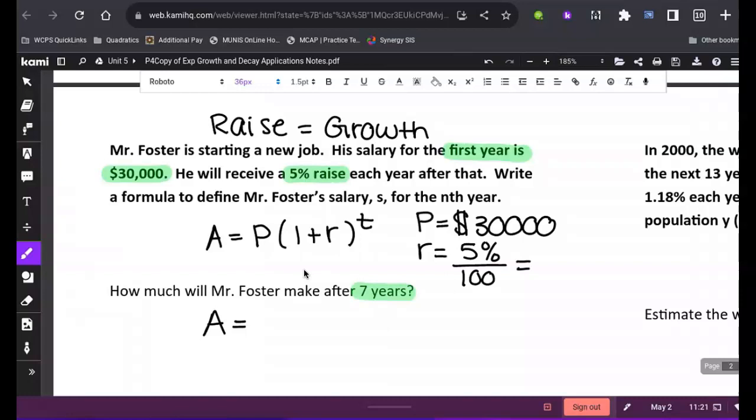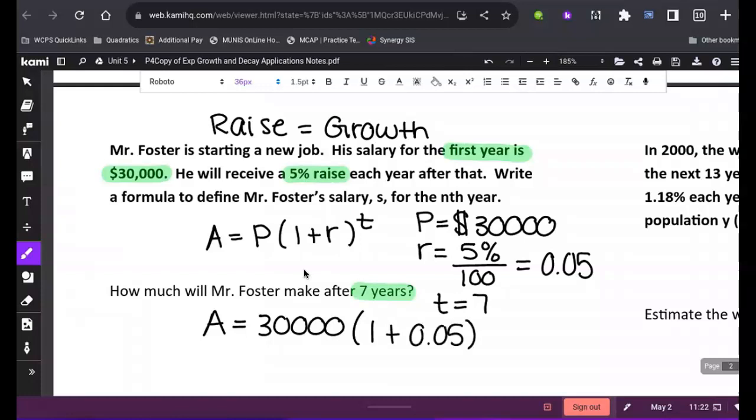And when we type that into the calculator, 5 divided by 100 is equal to 0.05. And then it says, how much will he make after 7 years? So T will equal 7. So we're going to use our formula. We're going to plug in our 30,000 for P, 1 plus 0.05 to the 7th power.